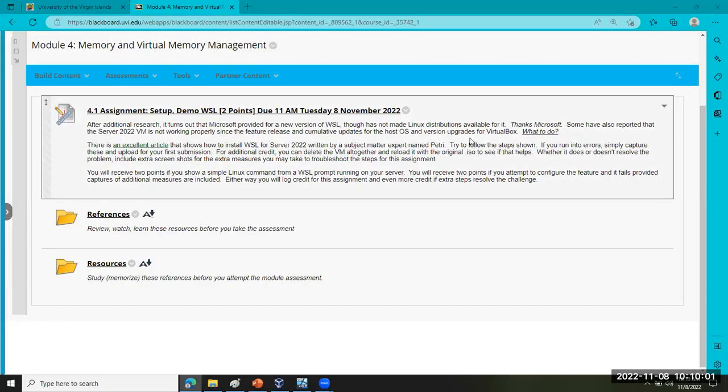Once again, there are seasons in the operating systems industry where they get ahead of themselves. And it would appear that some of the newer versions of the OS that have rolled out, in particular the 22H2 version of the Windows operating system, especially on the server side of things, WSL is not really ready for prime time yet.